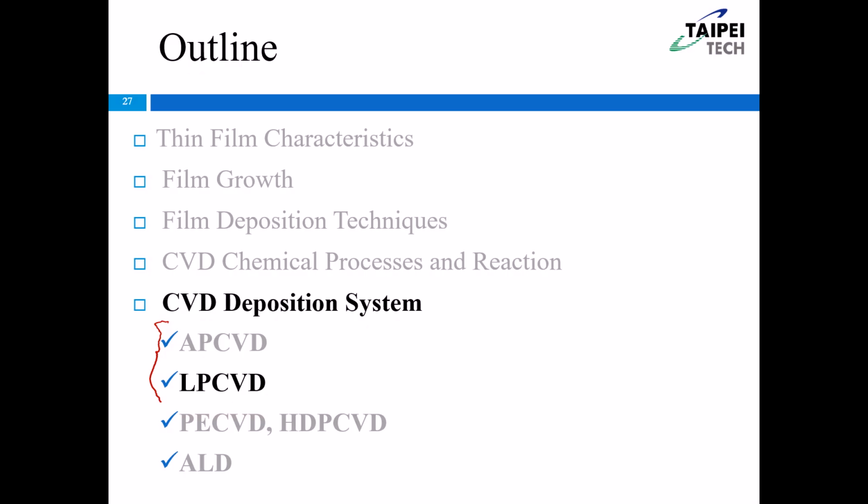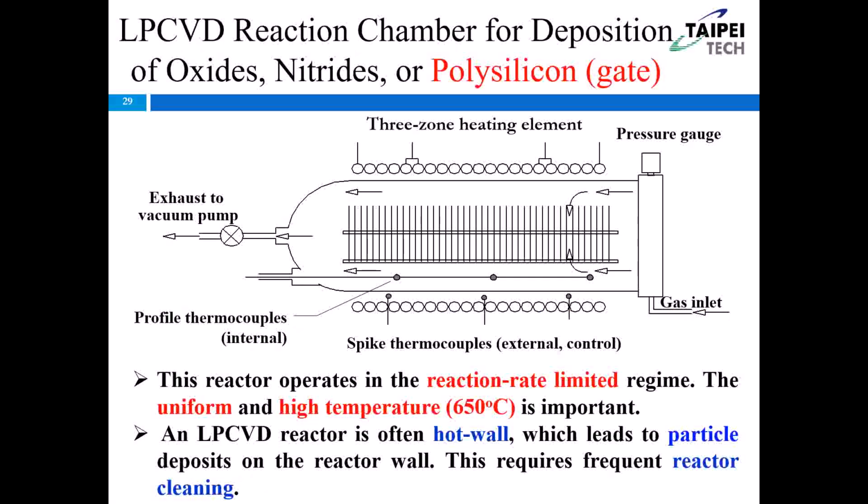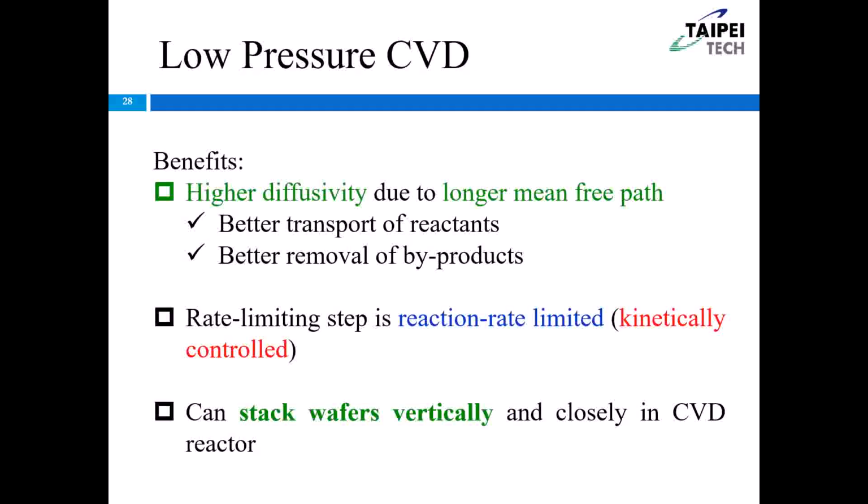So the benefit of LPCVD is the much higher diffusivity of the precursor due to the longer mean free path.